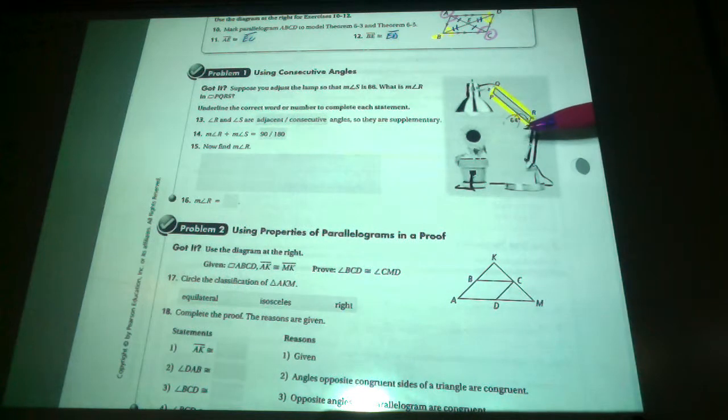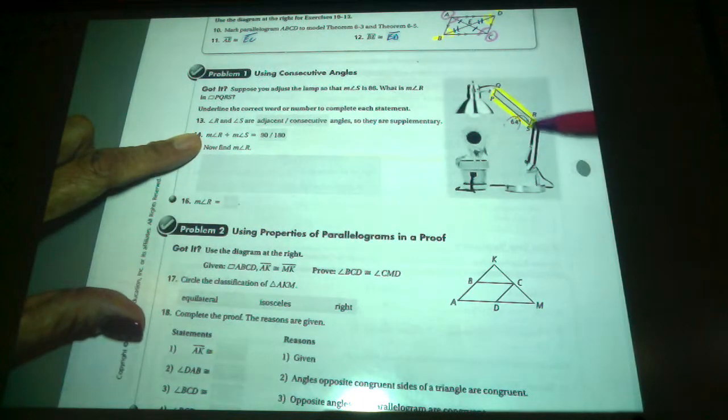So let's continue. What is the measure of angle R in PQRS? I find that amusing that they put 64 degrees in there. Well, let's walk through this. R and S are what to each other? Are they opposite angles or are they consecutive angles? They are consecutive.